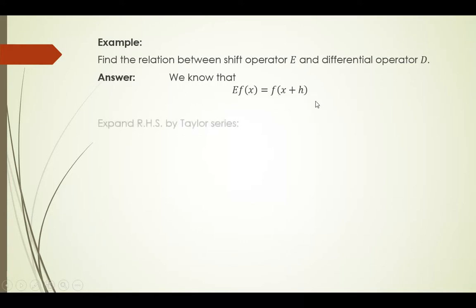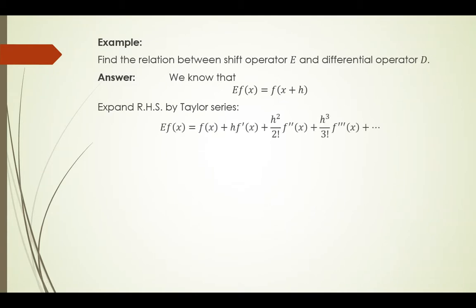So expanding the right hand side of this equation by Taylor series, we'll get this equation, that is E of f of x, and the expansion of f of x plus h is this whole series with the help of Taylor's. We have studied this thing in the last topic notes. So that is the expansion of f of x plus h.